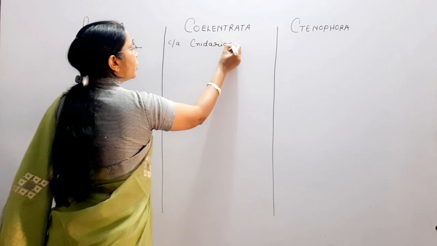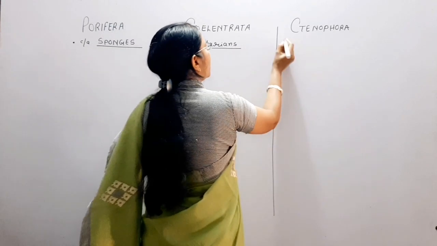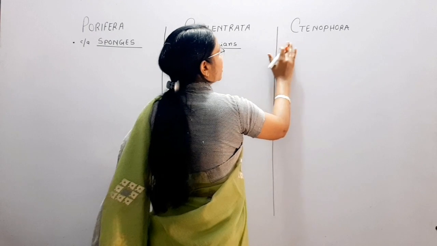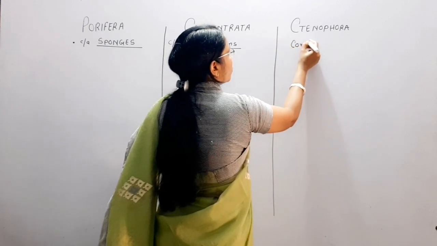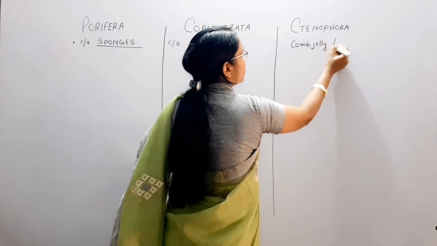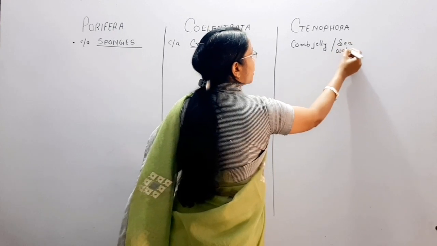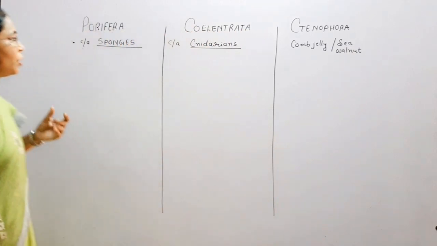And when we study Ctenophora, 2 common members are there, that is comb jelly and sea walnut. So you remember, comb jellies and sea walnuts are placed in Ctenophora.